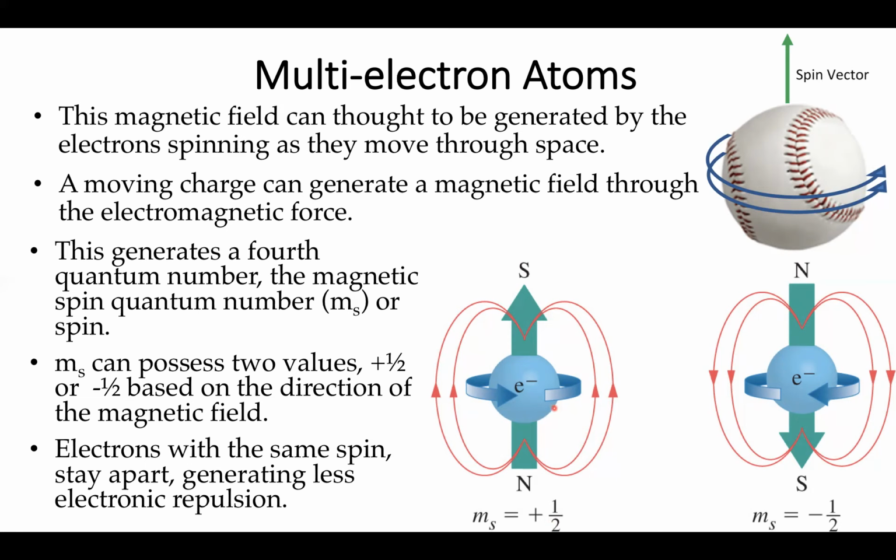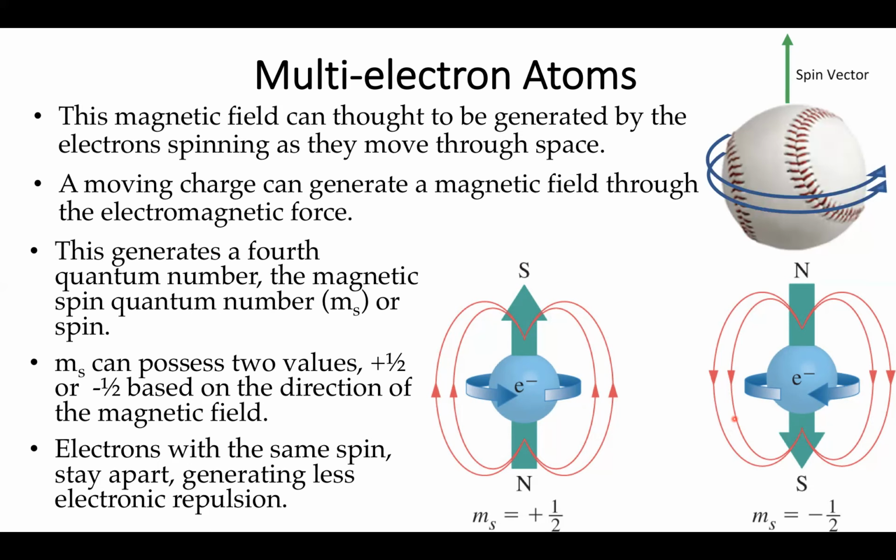So if I've got two electrons spinning up, they tend to push away from each other, and this generates less electronic repulsion, because if you can't get as close to each other, you don't notice how much the other person smells, so it's not that big of a deal. However, if electrons have opposite spins, they can get a little bit closer together and generate greater electronic repulsions. We're going to see that this becomes very important later on.